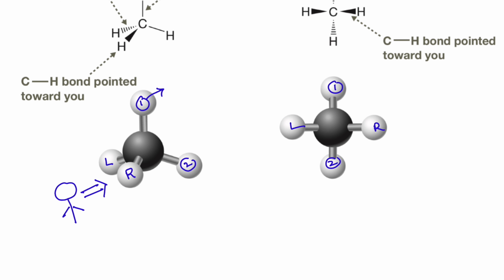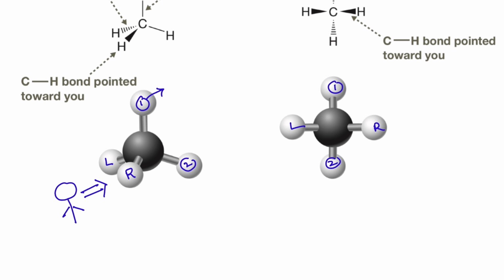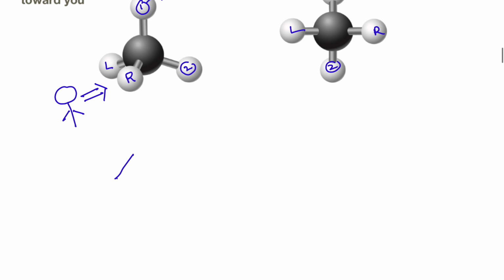If you want to convert wedge-dash formula into Fischer projection formula, you have to see the molecule between the solid wedge and the broken wedge, and the other two will be away from the observer. Let me take one theoretical example: this is hydrogen, this is a methyl group, here I am taking an OH group, and here this is C2H5. You have to see the molecule from this position.